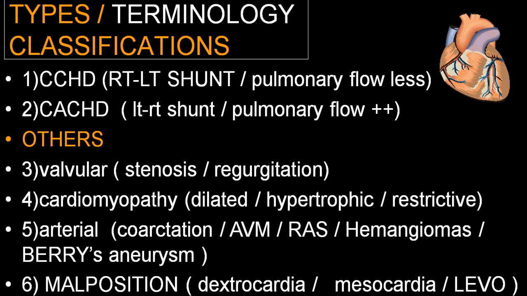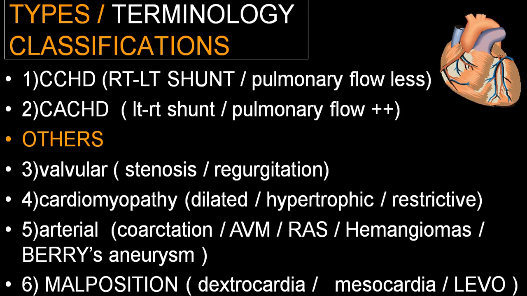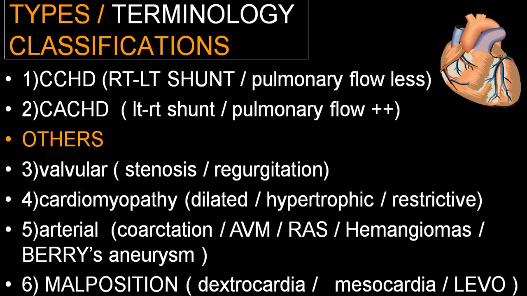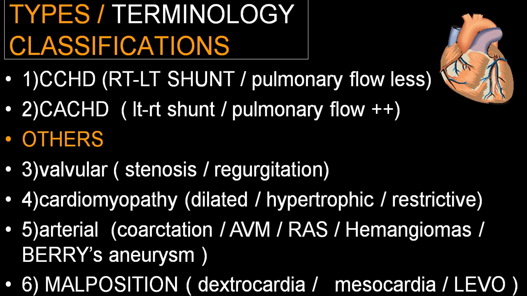While in congenital acyanotic heart disease, blood flows from the left side to the right side, that is, oxygenated blood is coming to the deoxygenated side, and as a large quantity of blood comes to the right side, there is increased blood flow into the pulmonary circulation, leading to pulmonary congestion.